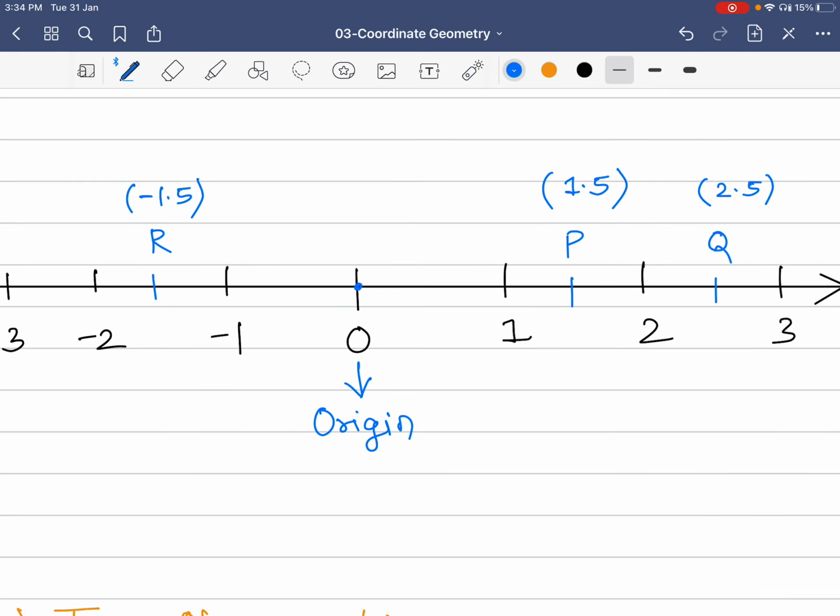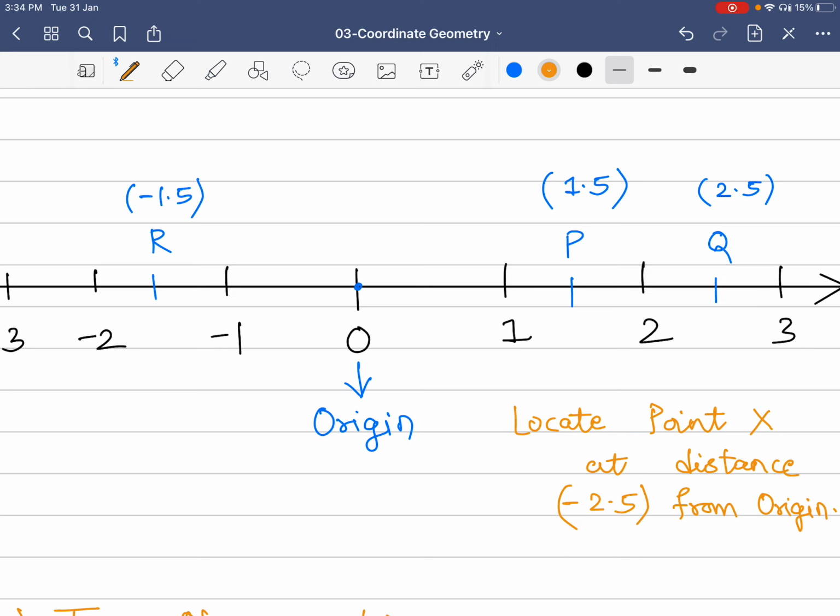Now conversely, if I say locate point X at a distance -2.5 from the origin, then how will we do it?